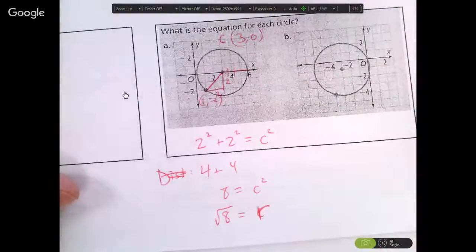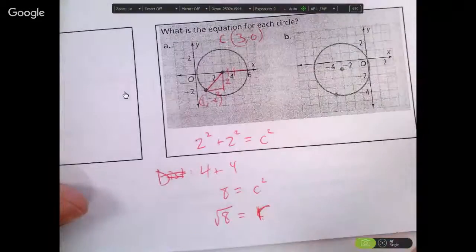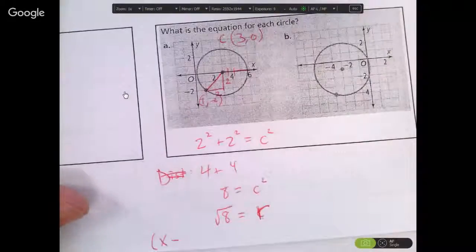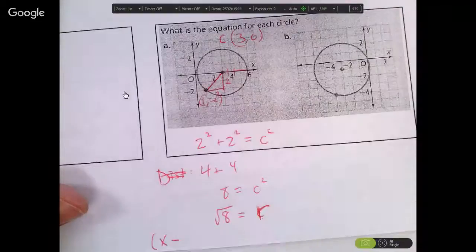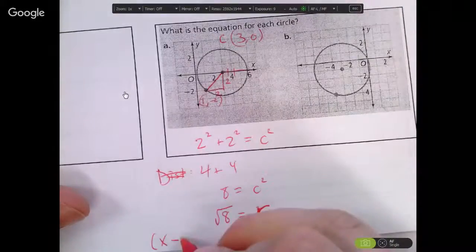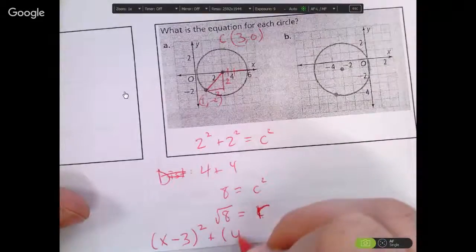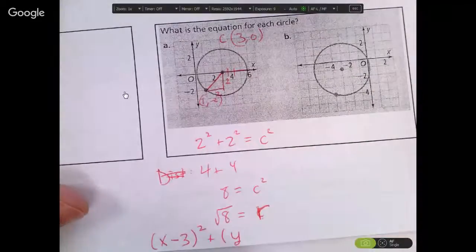Okay, so let me write this equation. It says x minus, it's x center. What's the x center? The x value of the center. Yeah, which is 3. So x minus 3 squared plus y minus 0 squared.